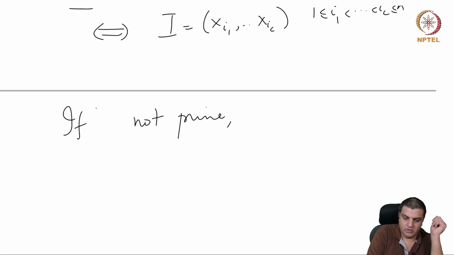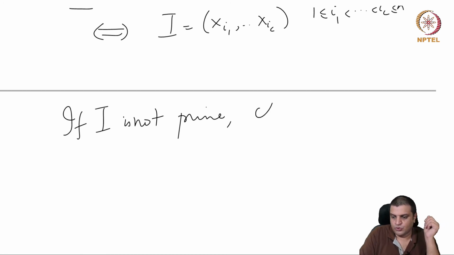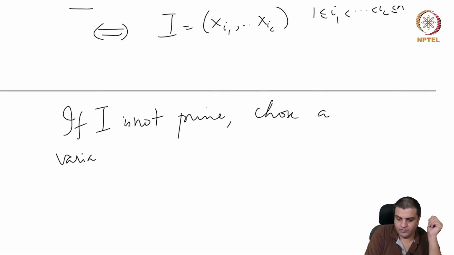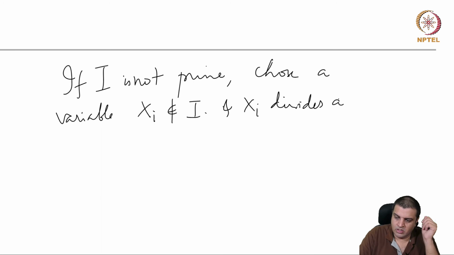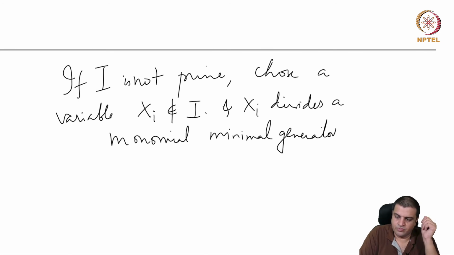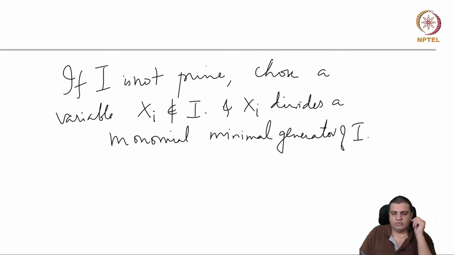If I is not prime, choose a variable xi not inside I, such that xi divides a monomial minimal generator of I. Such a thing will exist.